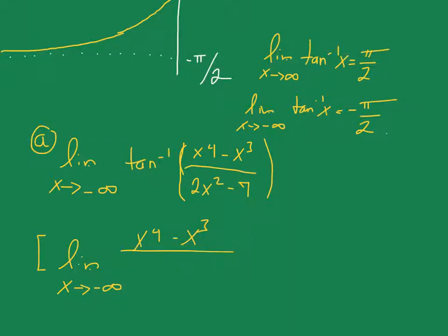When evaluating this limit, in this case at minus infinity, we can just drop all lower powers of x from both the numerator and the denominator. So this is going to be the limit as x tends to minus infinity of x to the fourth over 2x squared.